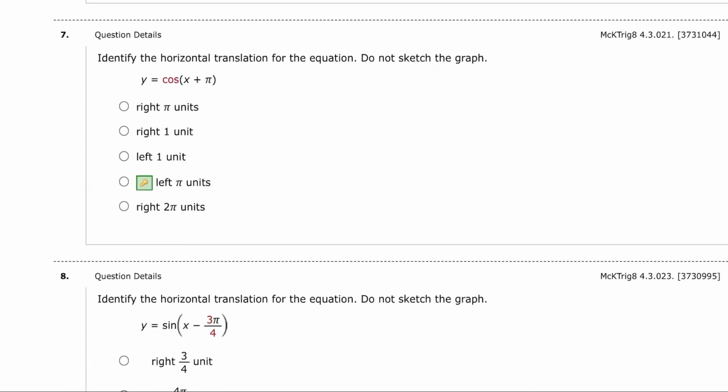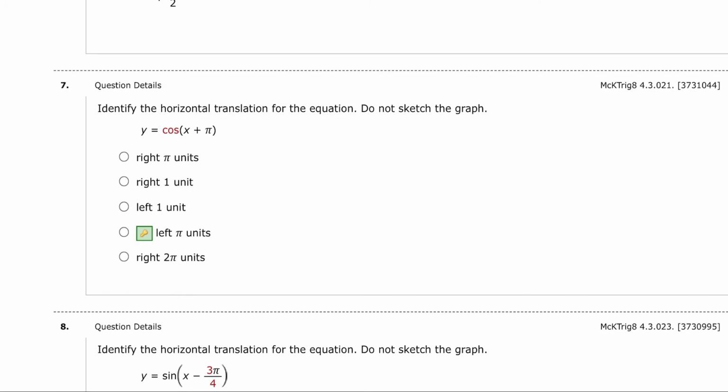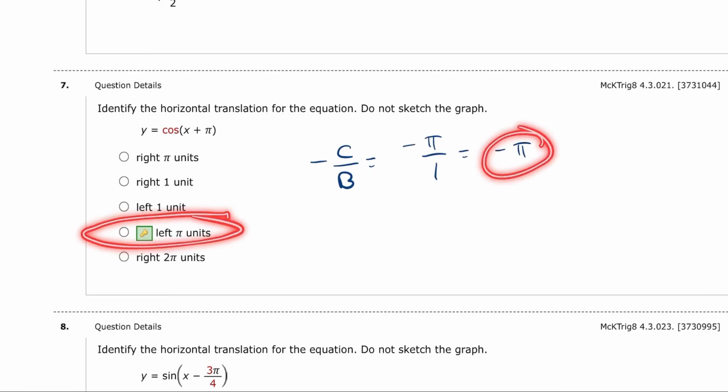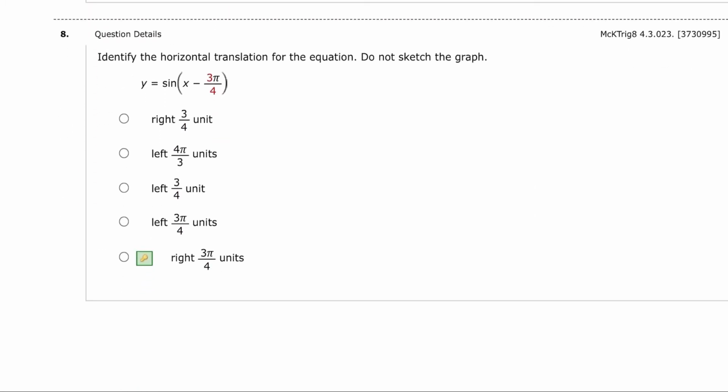All right, this one's going to have a horizontal translation. Remember, the horizontal translation is negative c over b. Negative c is negative pi, and b is 1 because the coefficient in front of x is 1. So it's just negative pi, which means left pi units. All right, the horizontal translation, same thing.